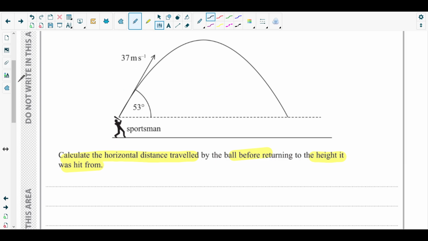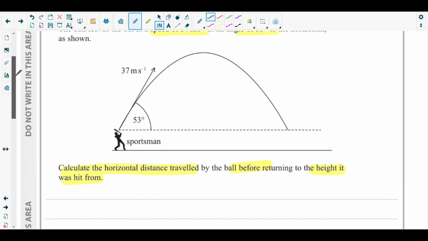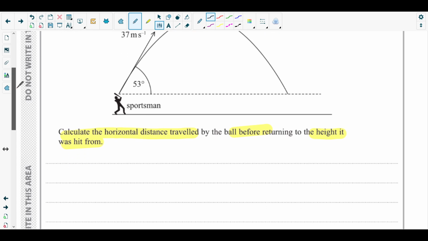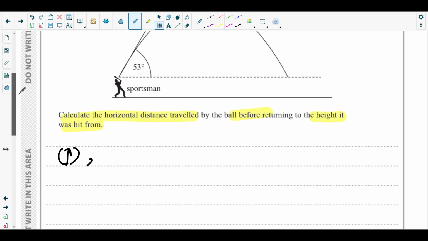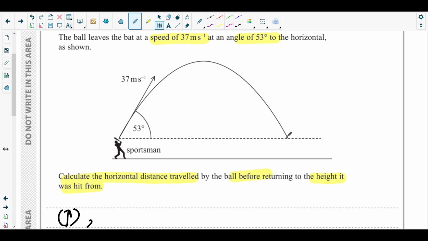For that, what we need to do at first is consider the vertical motion of the ball. This is for 4 marks. If you consider the vertical motion, as the ball reaches the same height the displacement would be 0 meter.